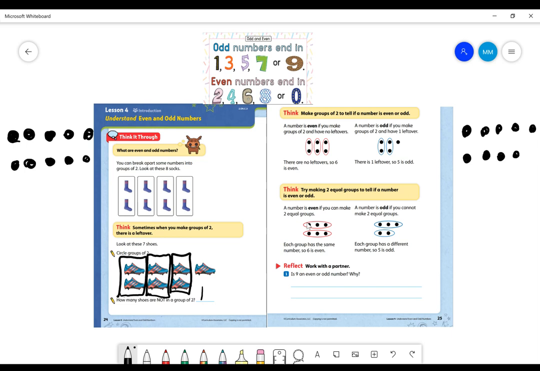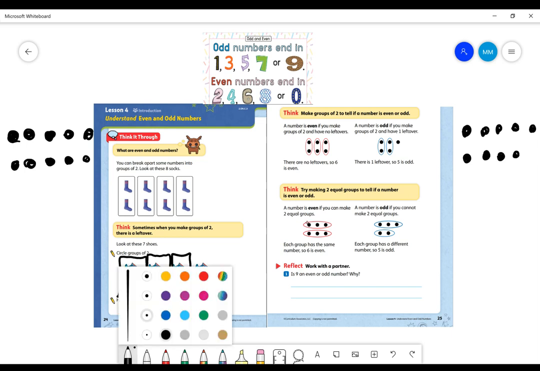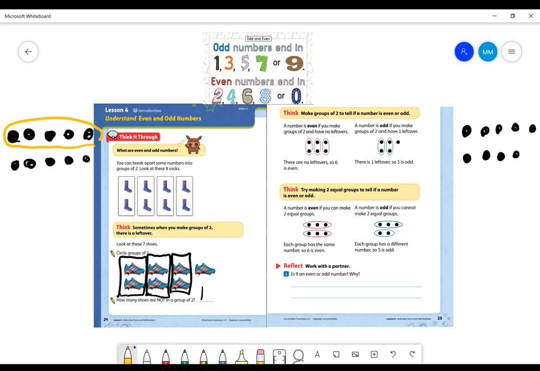So for example, I'm going to use the color yellow to show how I can make two equal groups with 10. So if I line these up, I know it's even because I have the same number on top as I do on bottom. So I have a group of 5 and a group of 5. Even though 5 by itself is an odd number, 10 is an even number because it ends in 0.